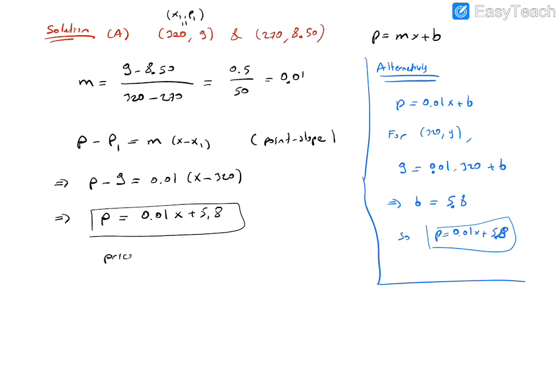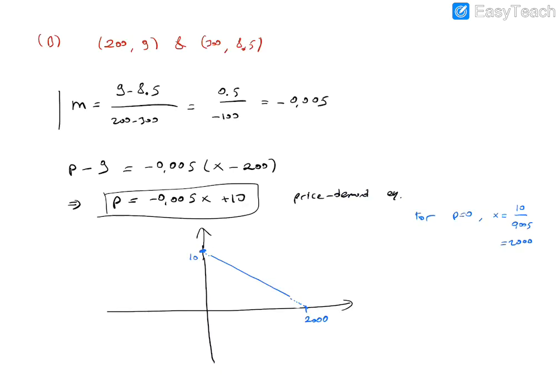This is the price supply equation. For x equals 0, 5.8 is the intercept. Okay, let's say this is P equals minus 0.005x plus 10. For x equals 0, 5.8 somewhere here.